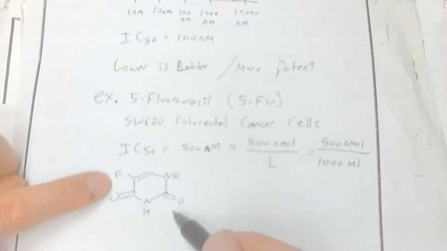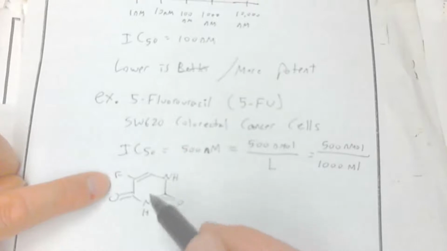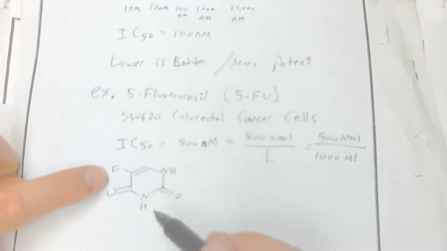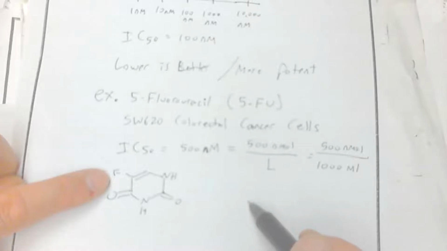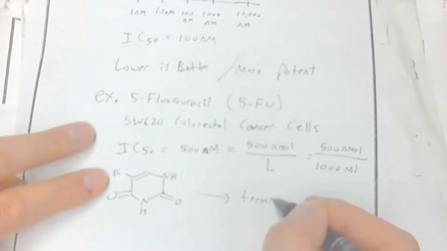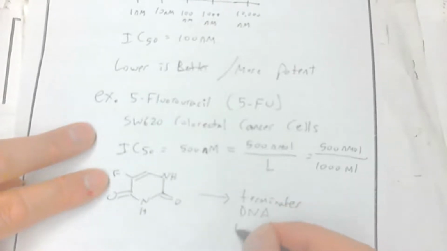And of course, in cancer, DNA is growing like crazy. When this gets incorporated into growing DNA, it terminates it because the fluorine is a non-natural atom, and it basically terminates DNA polymerization.